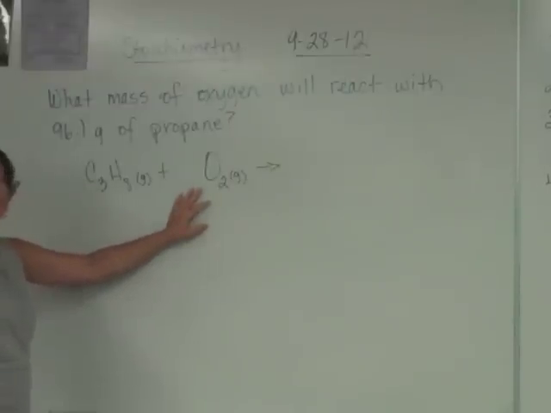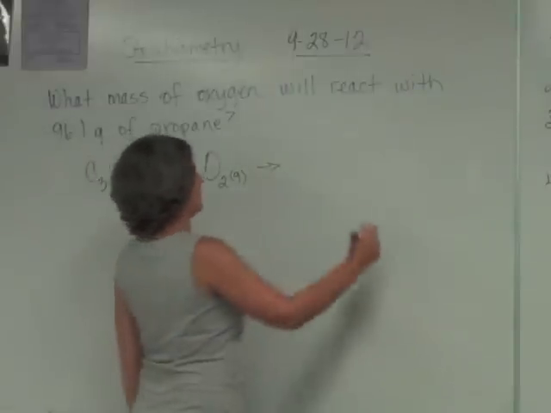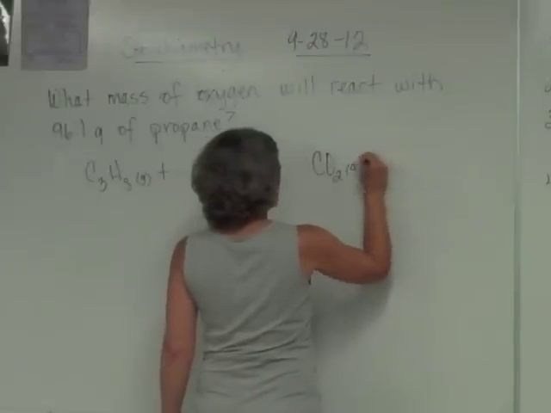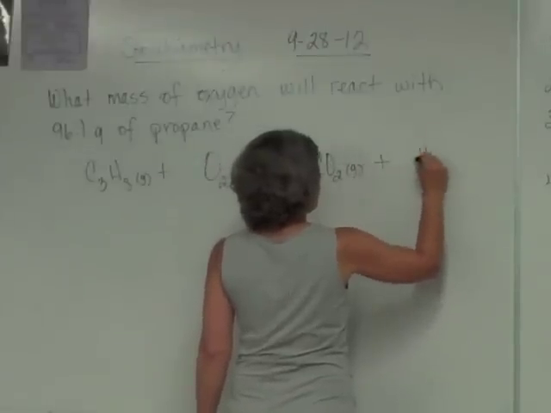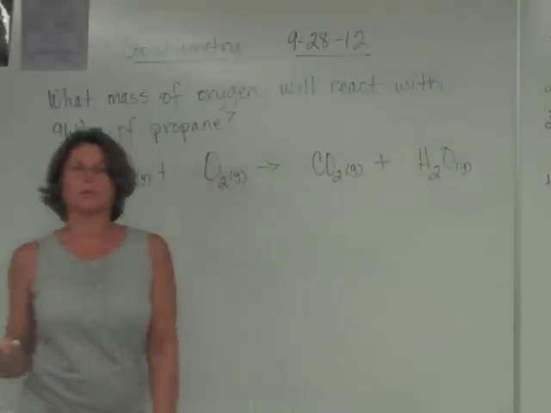It always gives the same two products. It does not matter what the identity of this hydrocarbon is. It will always give the same two products. What are they? Carbon dioxide and water. Just like the methane we looked at yesterday.